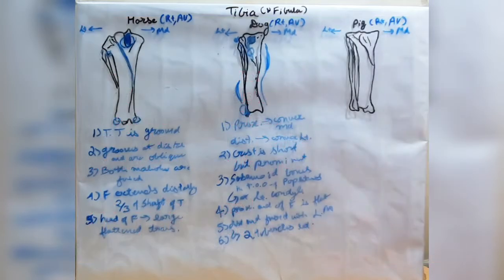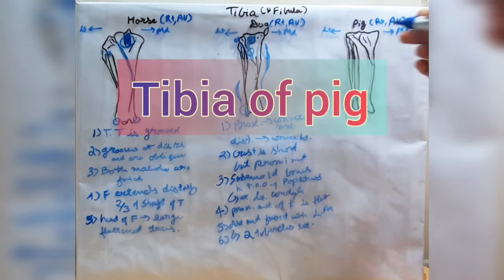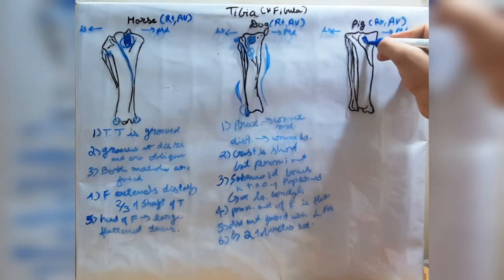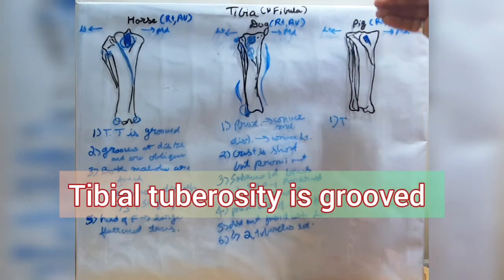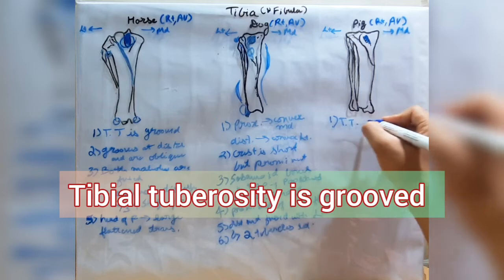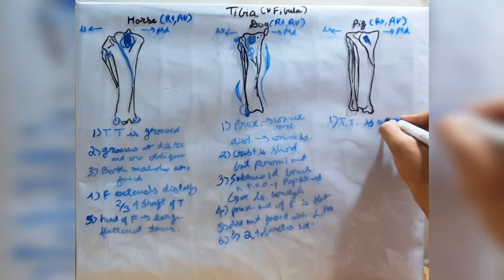Now let us come to the tibia of pig. Similar to horse, the tibia of pig is also grooved. Sorry, not the tibia, the tibial tuberosity. Tibial tuberosity is grooved.